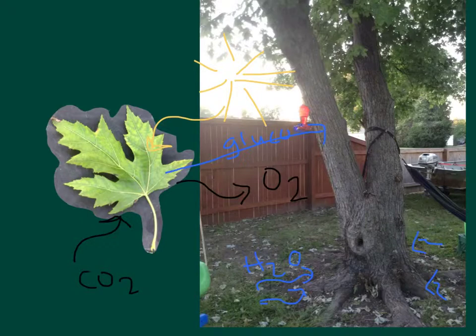Now the glucose it uses for itself, but the oxygen we get to breathe. So look at this. This is what we exhale. They breathe it in. They exhale oxygen. We breathe that in. Perfect relationship.